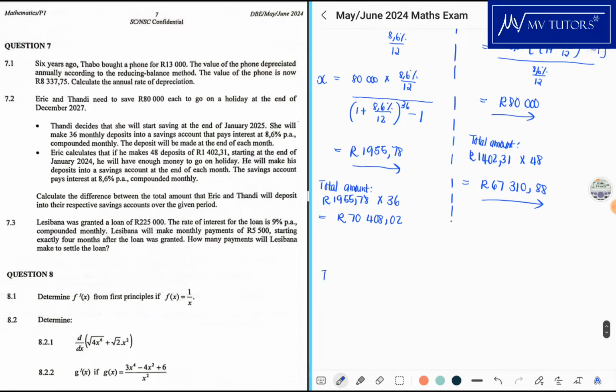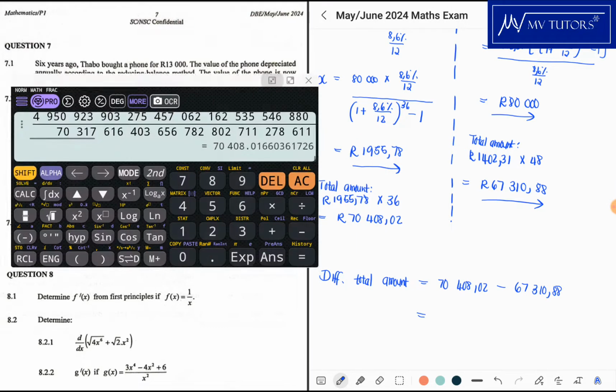Okay, so the difference in the total amount. We have 70,408 Rand and 2 cents minus 67,310 Rand and 88 cents.